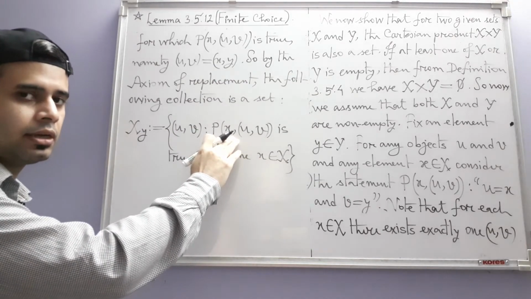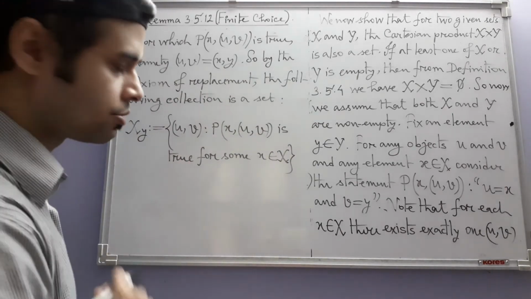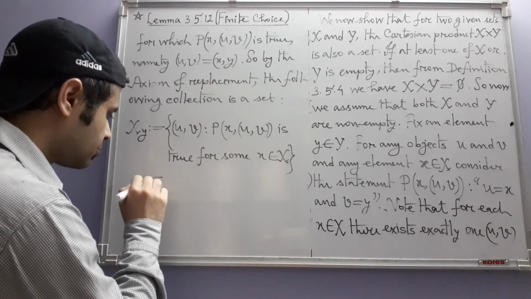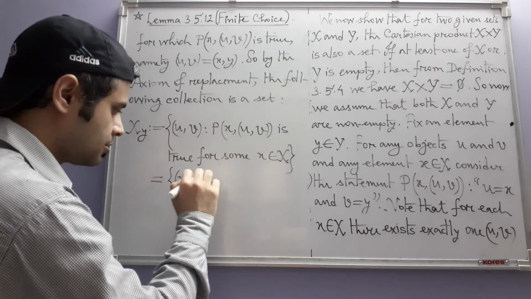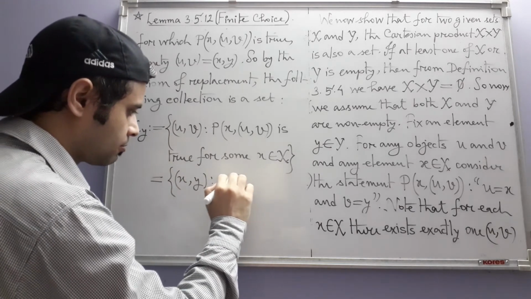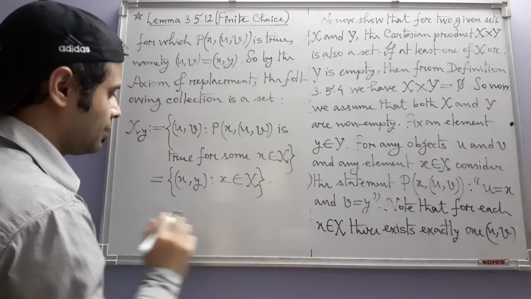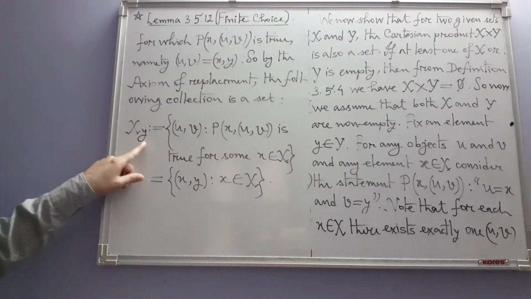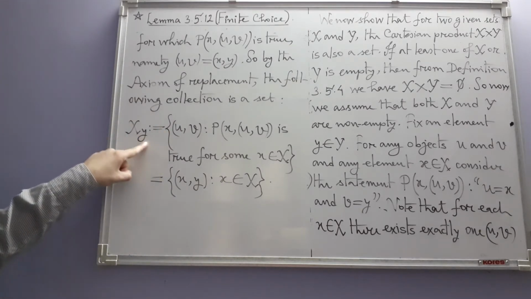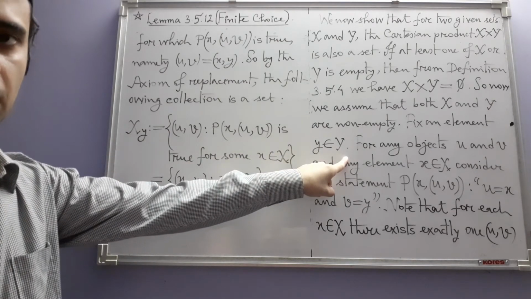We are replacing x with (u, v), such that this is true, and this turns out to be equal to nothing but this collection. And we are denoting this collection by this symbol X_y. The subscript y denotes the fact that we have chosen this element y from Y.